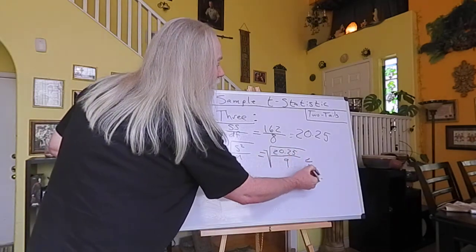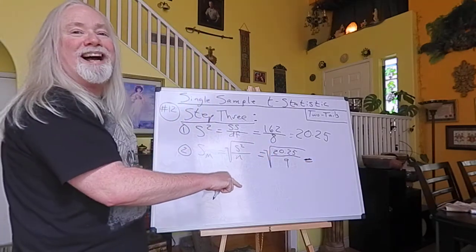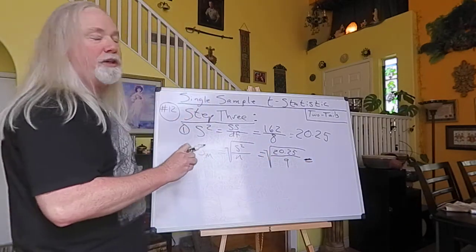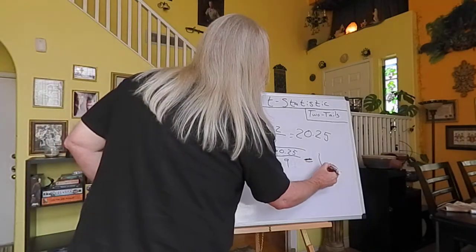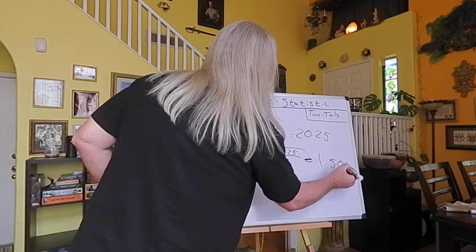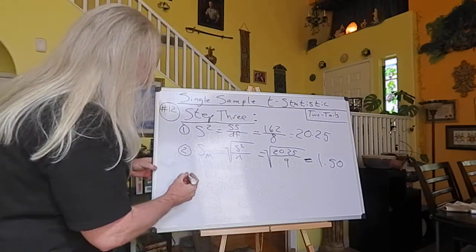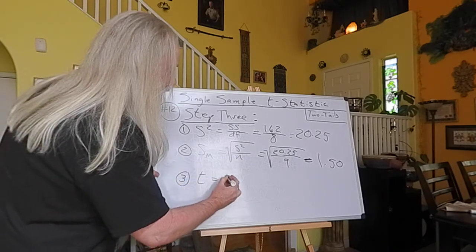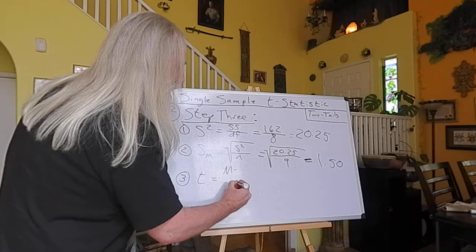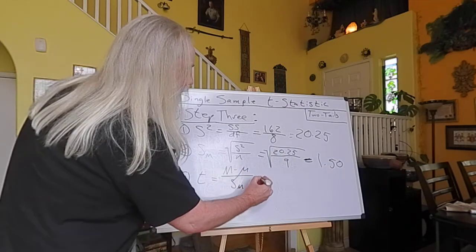So remember, divide first. 20.25 divided by 9 equals, then get your square root function in there, and you should find that this answer equals 1.5. So our estimated standard error is 1.50. And then lastly, all we've got to do is calculate our T-statistic. And again, that's the sample mean minus the population mean divided by estimated standard error.